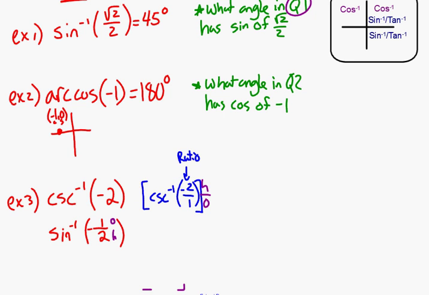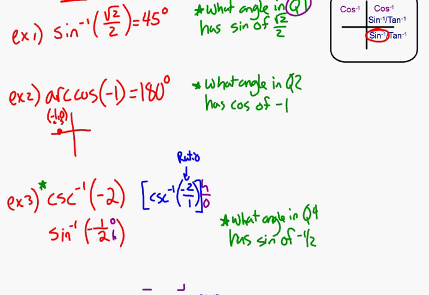So I have sine inverse of a negative, so I'm looking at quadrant 4. So my question has become, what angle in quadrant 4 has a sine of -1/2? That's the question I'm looking for in order to answer my original cosecant inverse.